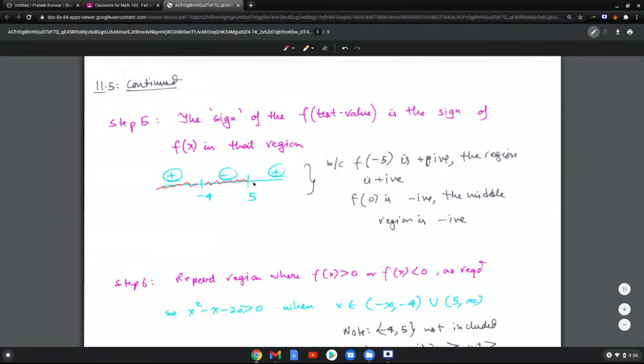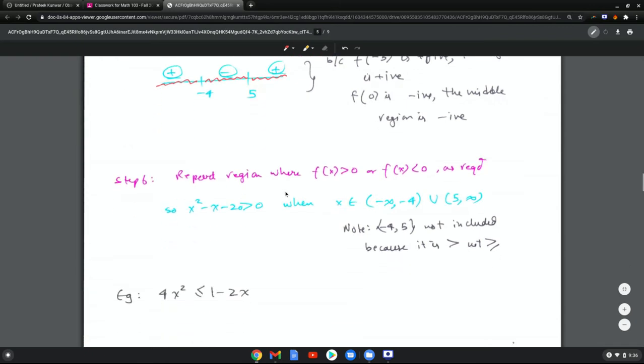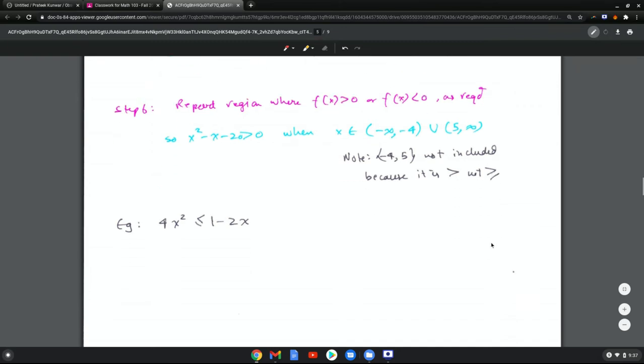And because f of 6 was positive, everything here is going to be positive. And the last step is you report the region where f(x) is greater than 0 or less than 0 as required. In this case, it belongs to negative infinity to negative 4, union 5 to infinity. Again, the endpoints are not included because it's a strict greater than and not greater than or equal to.